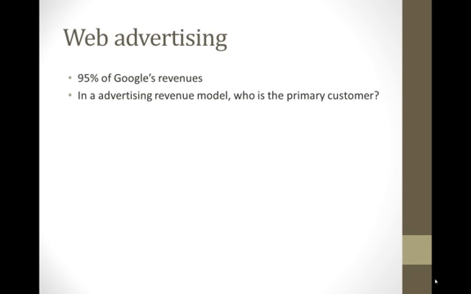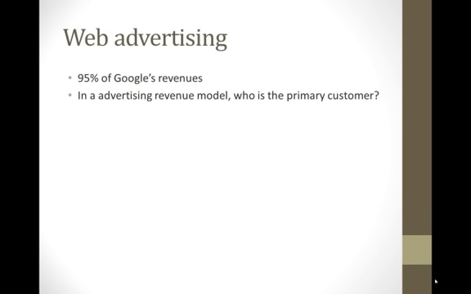Now, in the advertising revenue model, who is the primary customer? I ask this because I think there's sometimes some confusion about this. Who is paying Google? Your customer is a person that's paying you money, right? So who is paying Google all this money? Is it you, the user, who's using their search engine? No, I've never done it.